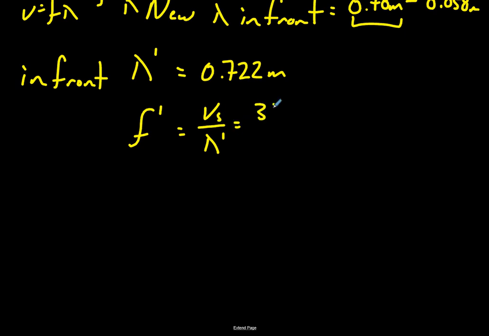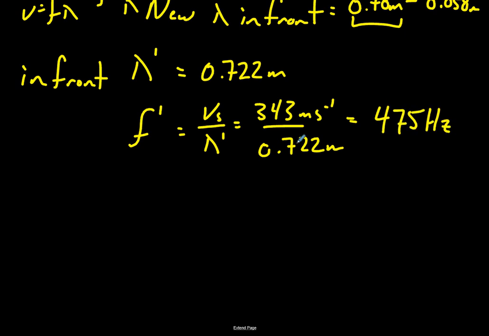So 343 meters per second divided by 0.722 meters will tell us the new frequency of the ambulance. I get about 475 hertz. We have a shorter wavelength, but the sound is still moving at the same velocity. So it's like a train with smaller boxcars going by at the same speed. You're going to have a raised frequency in front.